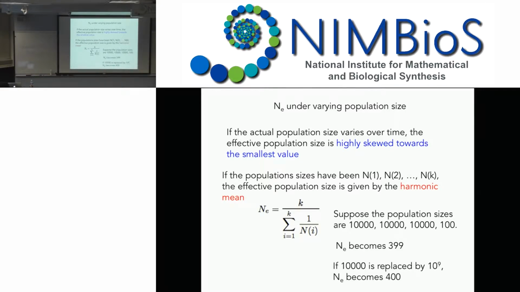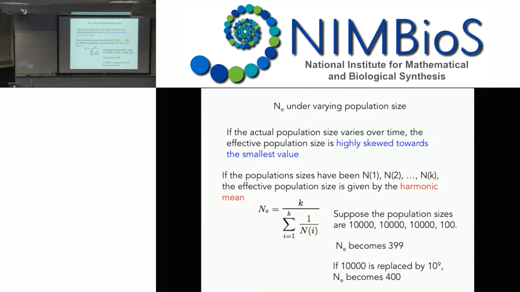You might imagine the effective population size is maybe 30,000 divided by 4. The actual effective population size is slightly under 400. Suppose you had 1 billion, 1 billion, 1 billion, 100. The effective population size is still about 400.